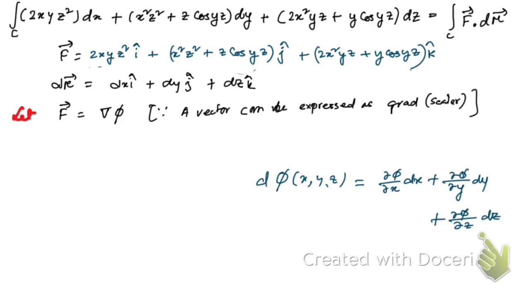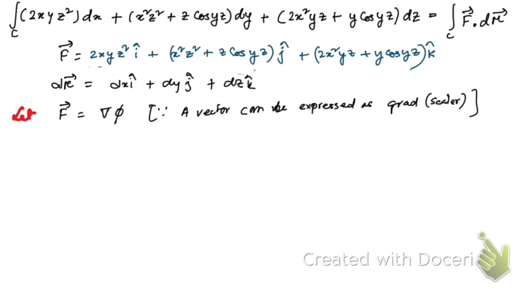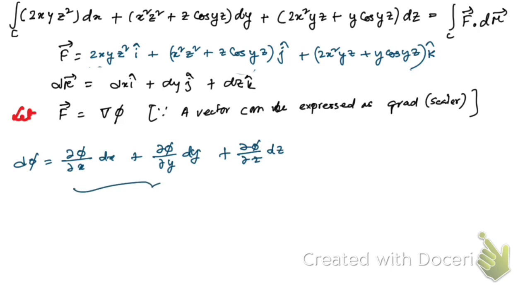So now here you see, we can write that d phi is equal to del phi by del x dx plus del phi by del y dy plus del phi by del z dz. So we can express this again as a product of two vectors.